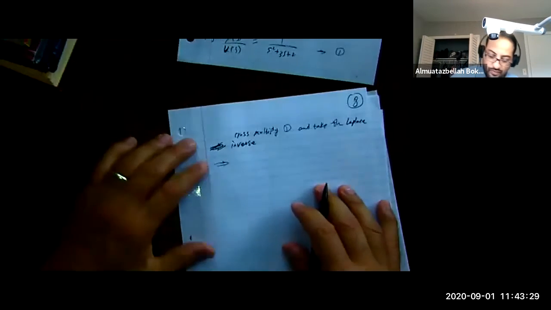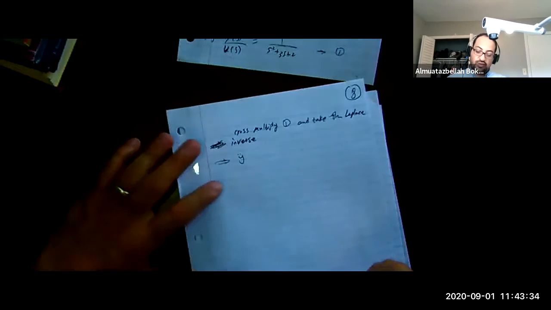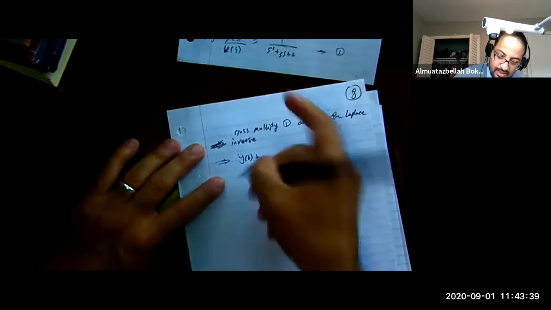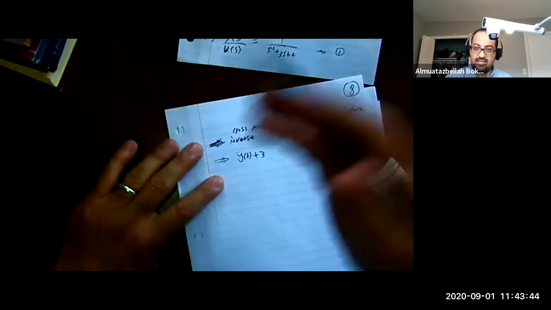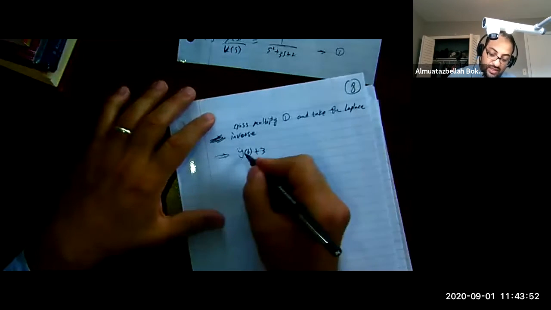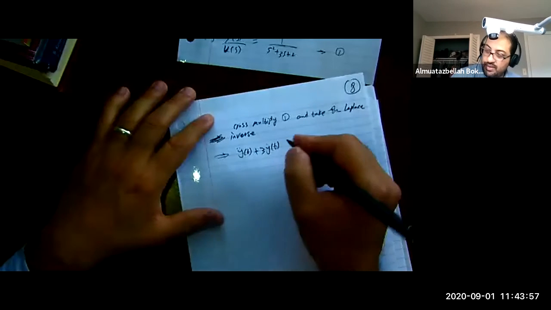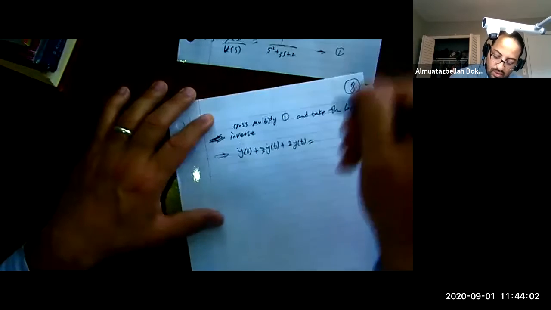Okay, that would lead to y dot dot, which is the double derivative of y of t, plus, because s squared Y is, if you take the inverse Laplace of that, that would be y dot dot plus 3 y dot, okay, plus 2y is equal to u of t.